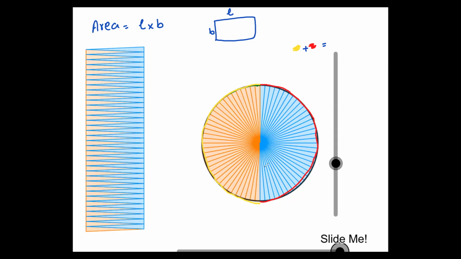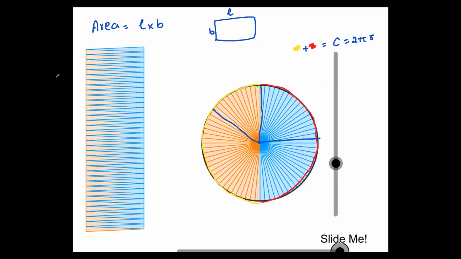We just found out the formula for the boundary of the circle. That was the circumference, which was 2 pi r. So r is the radius here. From the center, any line coming towards the boundary, anywhere, is our radius. So these are all radii.